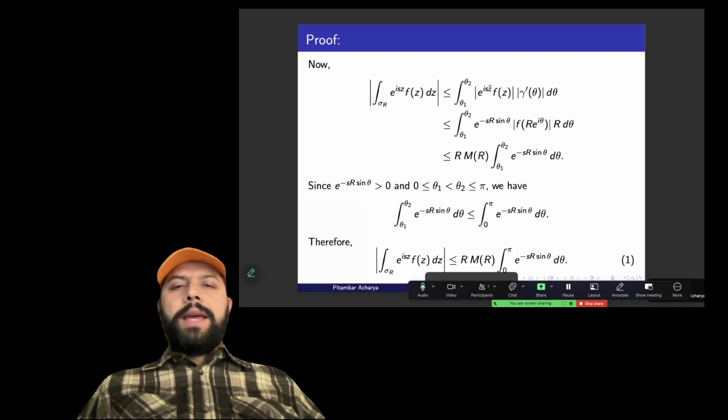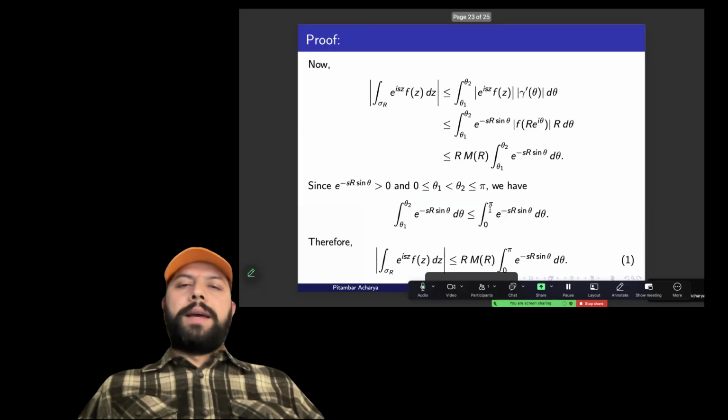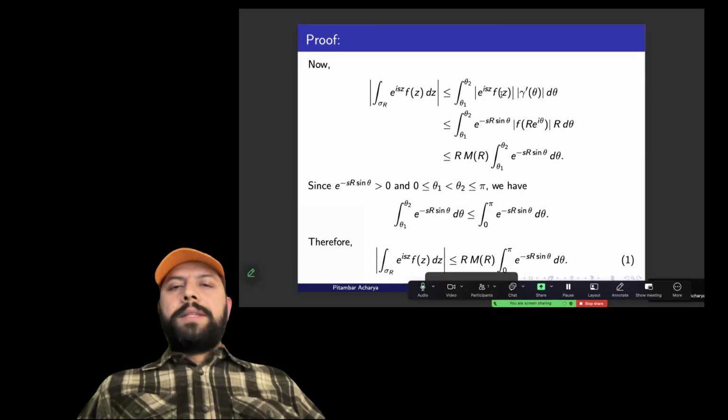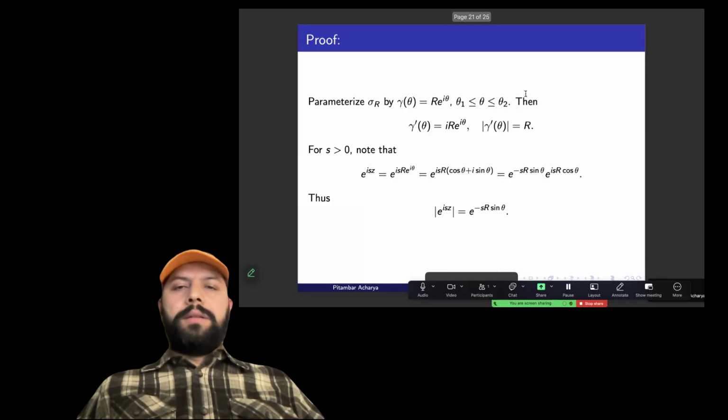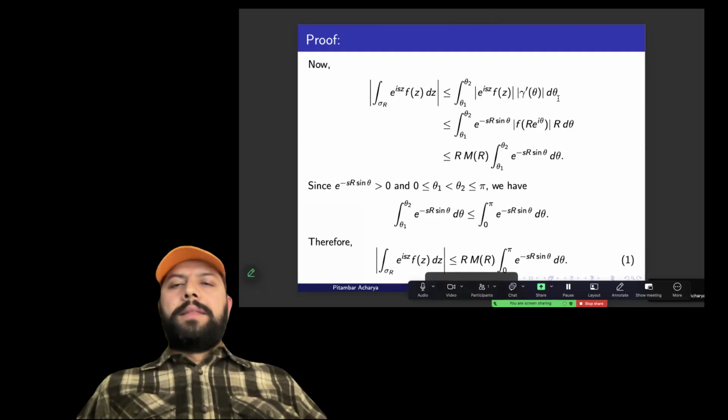We can replace e to the i s z by e to the negative s R sine theta, and we can replace z by R e to the i theta. As previously, we got the absolute value of gamma prime theta equal to R, and d theta remains the same here. So this quantity will be less than or equal to R M R.